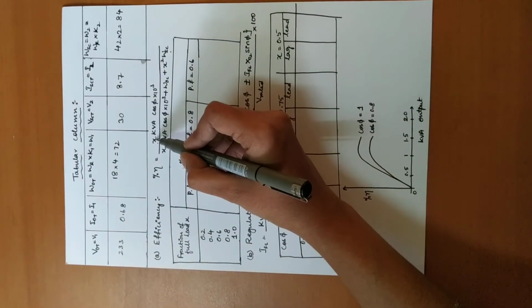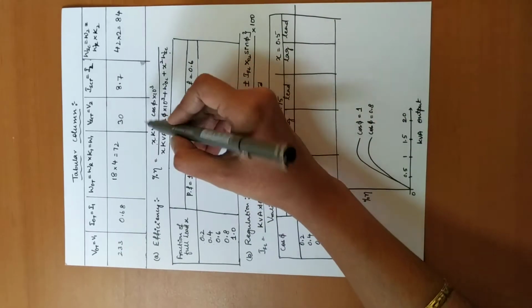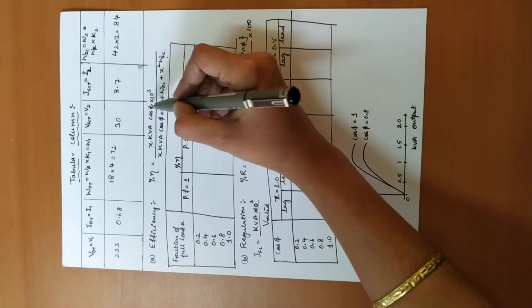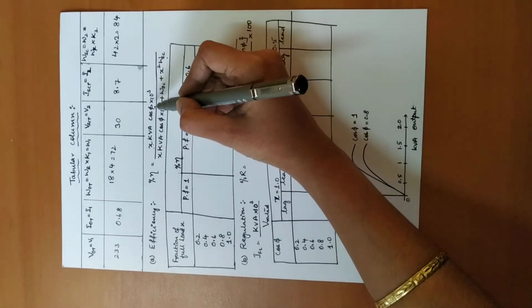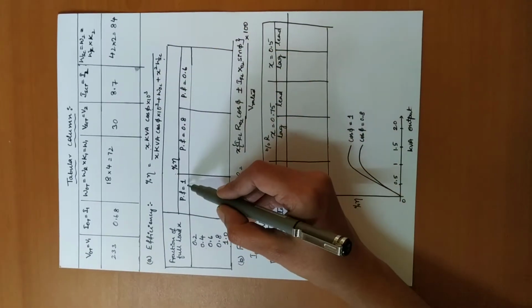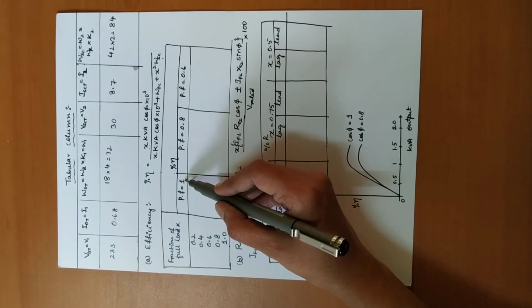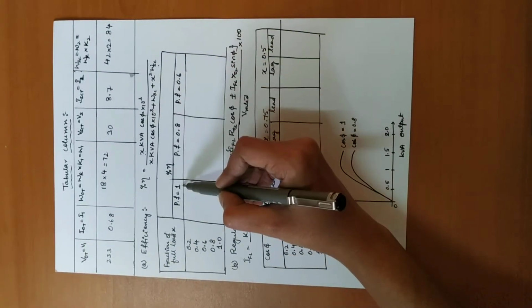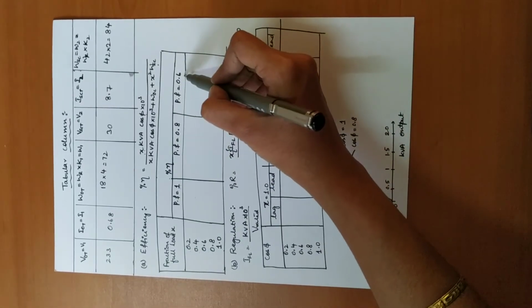So that we have to substitute for each of the trials. And kVA we have to substitute as 2. Then power factor, this cos phi, will be taken, for example, first as 1, power factor 1 we need to calculate. And the trial will be repeated for 0.8 as well as 0.6.